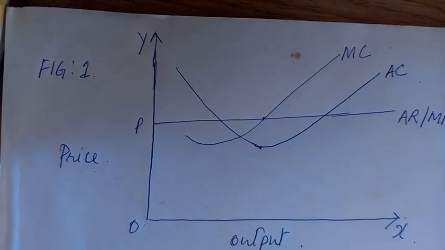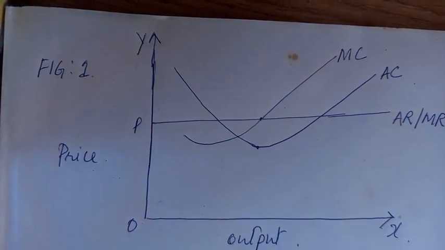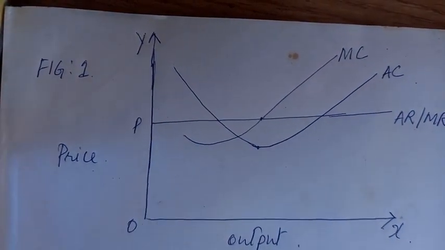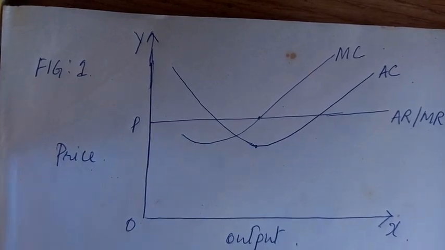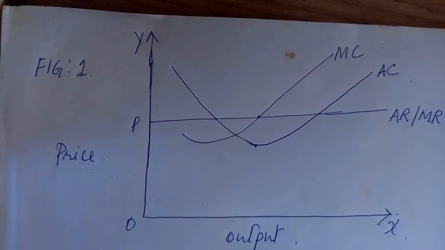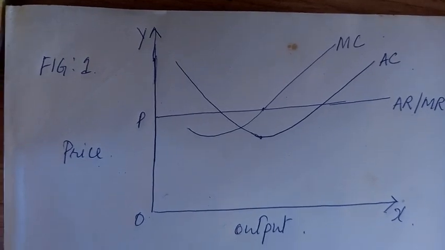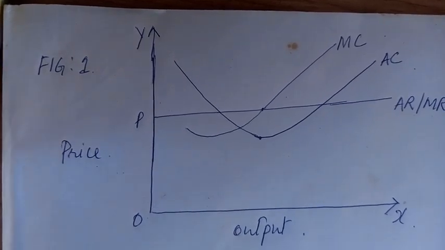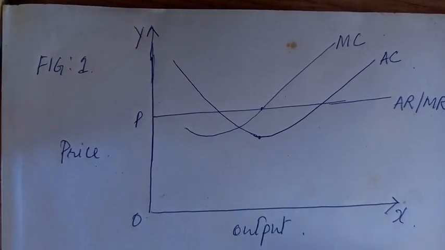Recalling the important conditions listed by the marginal cost, marginal revenue approach for a firm to be in equilibrium, a firm is said to be in equilibrium when certain conditions are fulfilled.